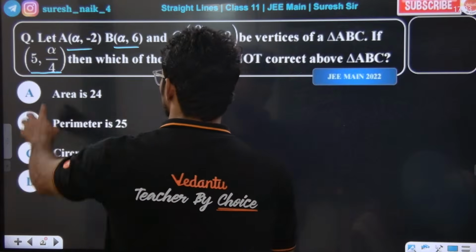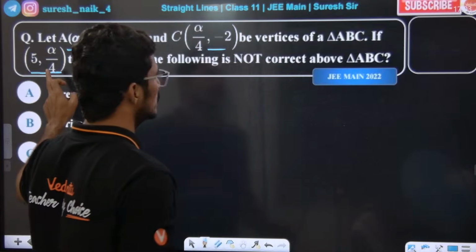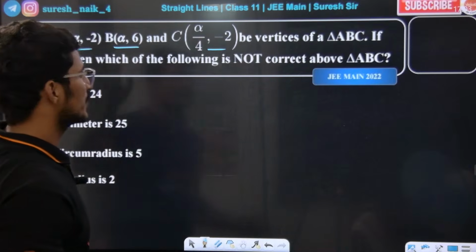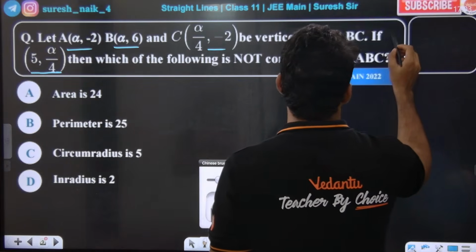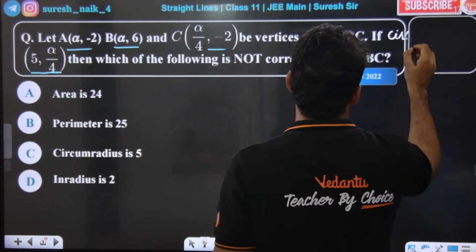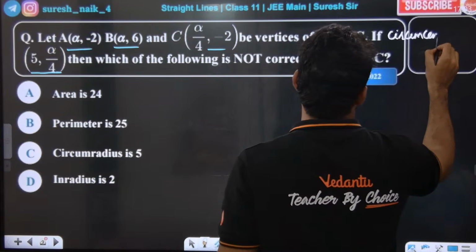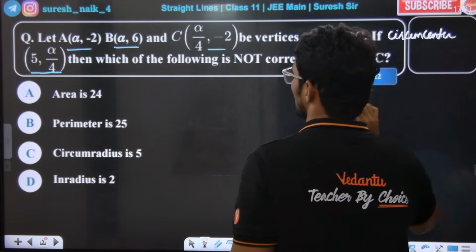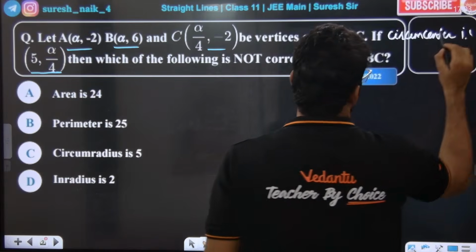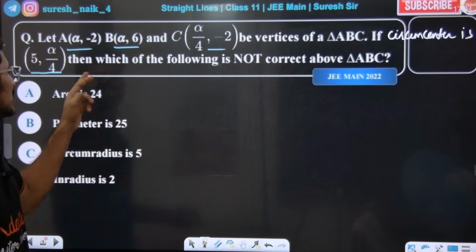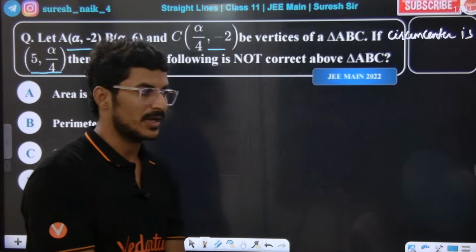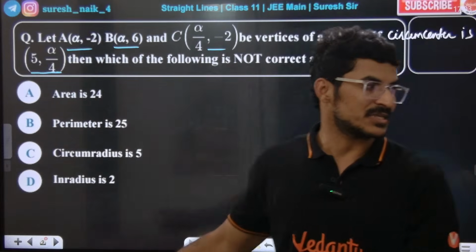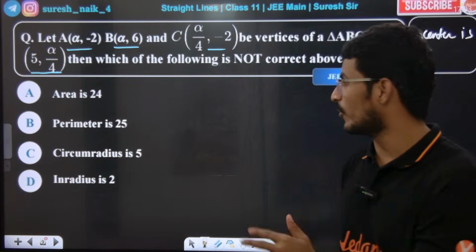I think this should be the circumcenter. In the question, one thing is missing. If the circumcenter is (5, alpha/4), then which of the following is not correct in the above triangle ABC?